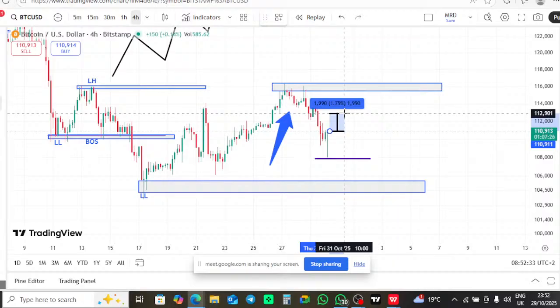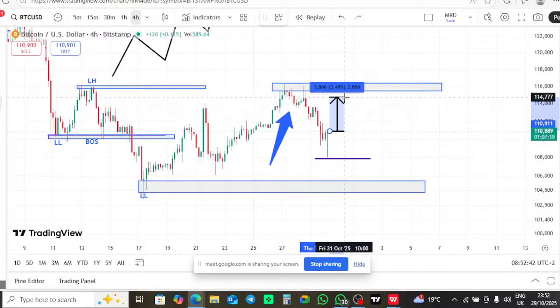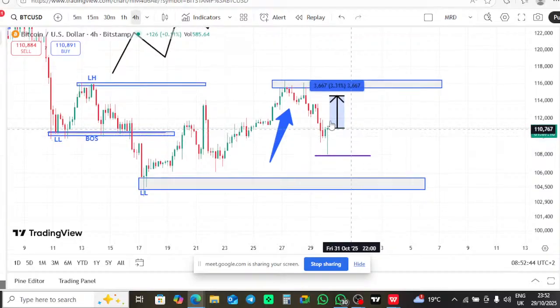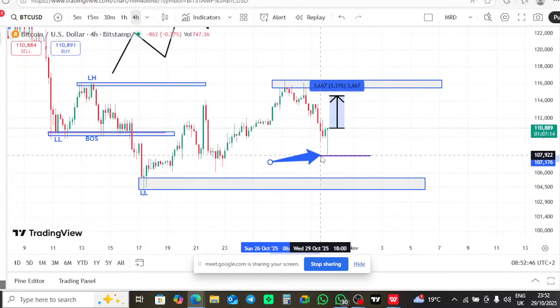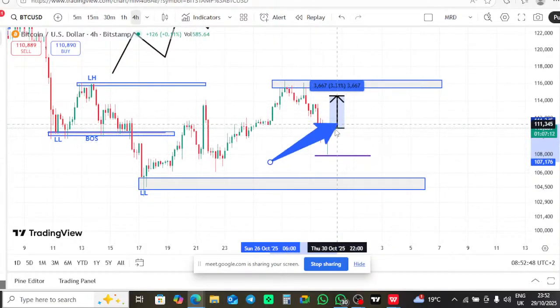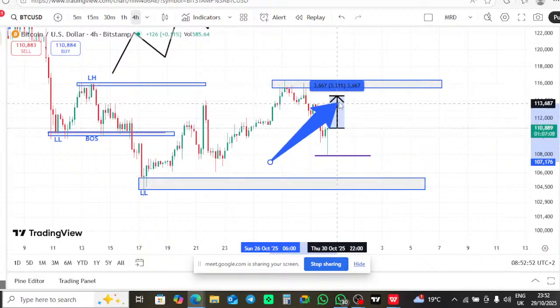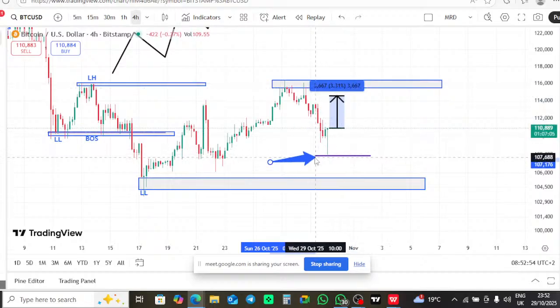So I will definitely come and do this. You know what, I want only 1%. This is my 1%. If I want 2%, it is here. 3% is here. And now this line here is my stop loss. I have invested my $100 here. I expect this coin to move up, and this is my stop loss.